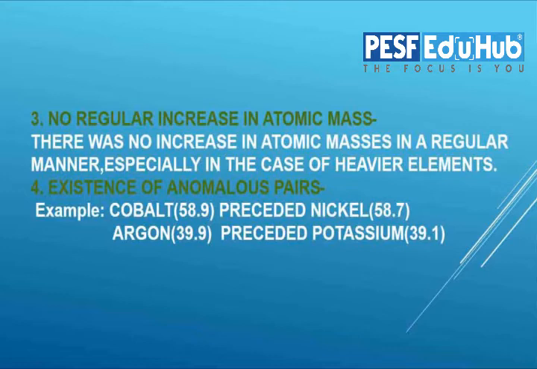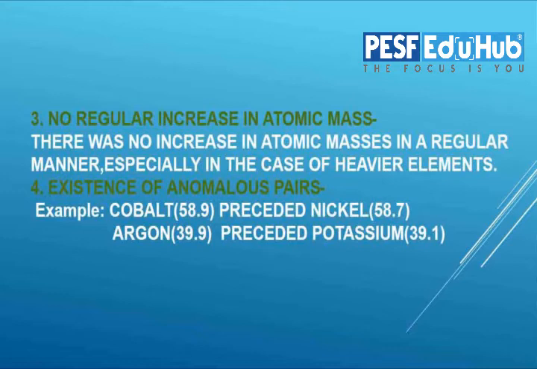So, as we move from one element to the next, it was not possible to predict how many elements could be discovered between the two elements, especially in the case of heavier elements.